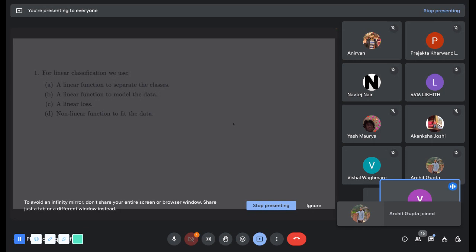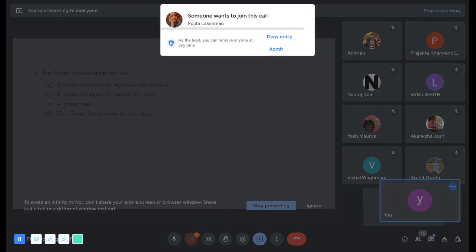So this is a classification problem. The first option is a function to separate the classes, a linear function to model the data, a linear loss, and a non-linear function to fit the data.